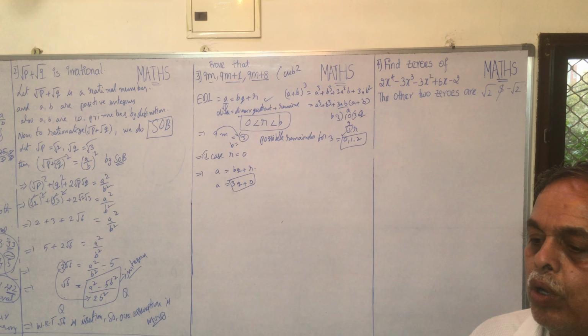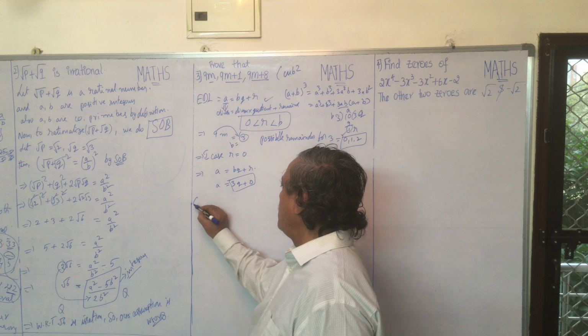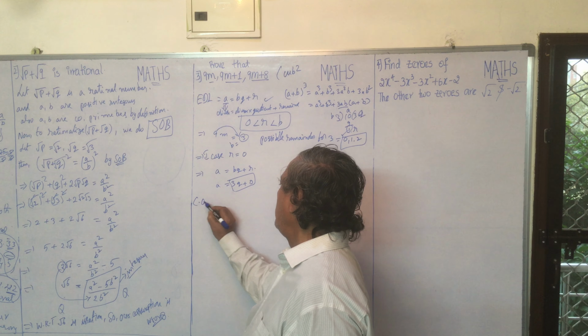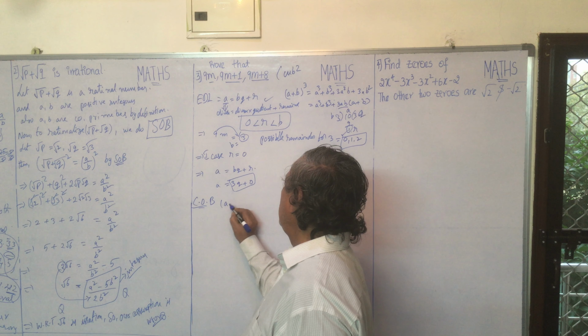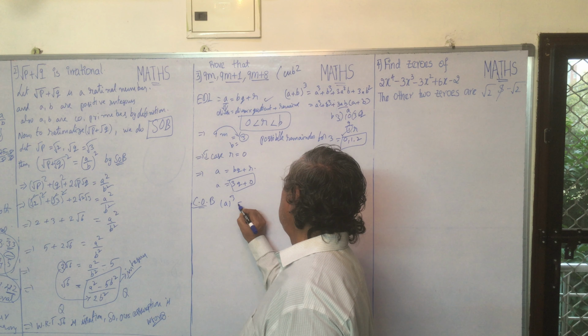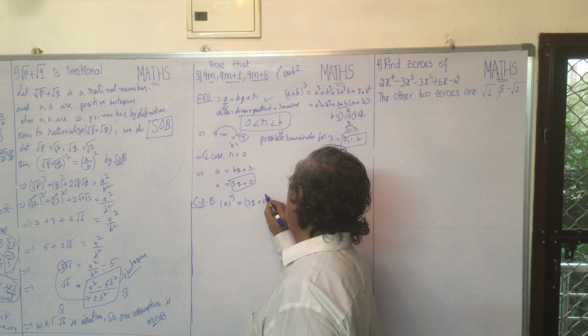You should do cubing on both sides. a cube is equal to (3q plus 0) whole cube.